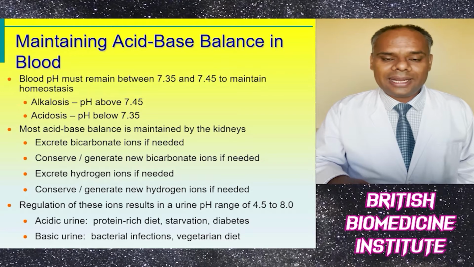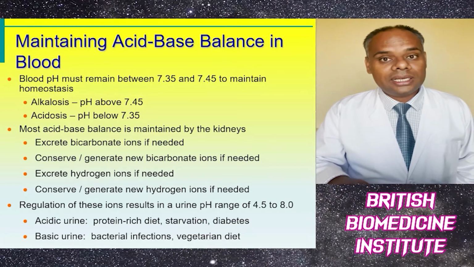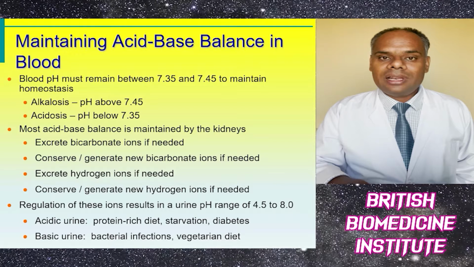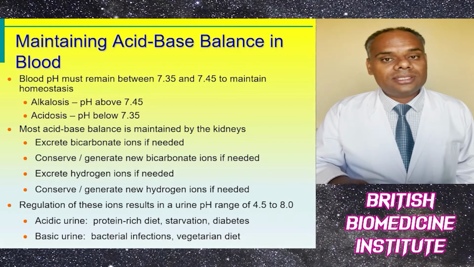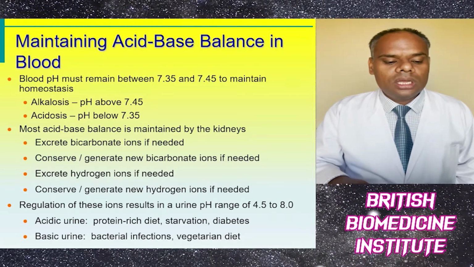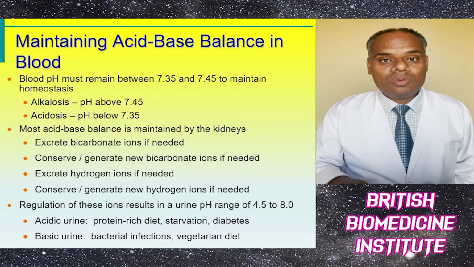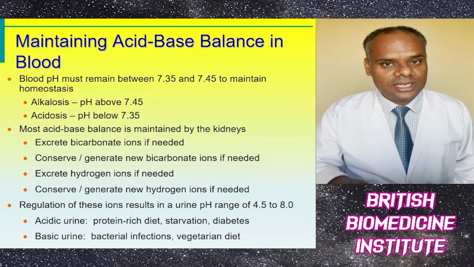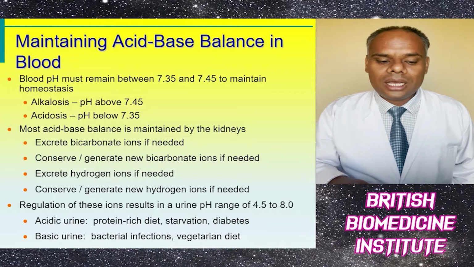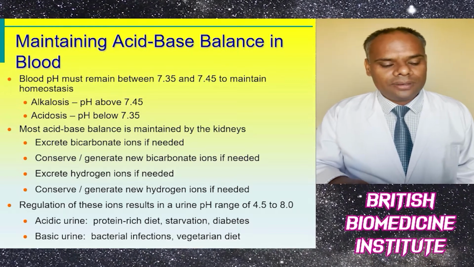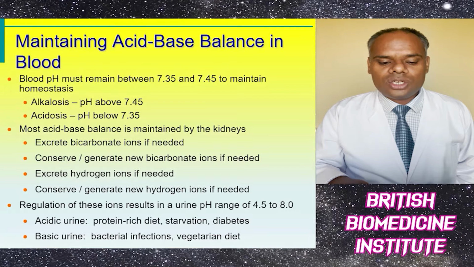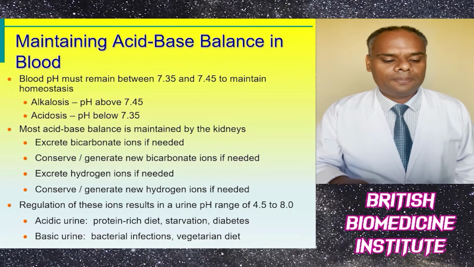Most acid-base balance is maintained by the kidney. They will excrete bicarbonate ions if needed, conserve or generate new bicarbonate ions if needed, excrete hydrogen ions if needed, and conserve or generate new hydrogen ions if needed.